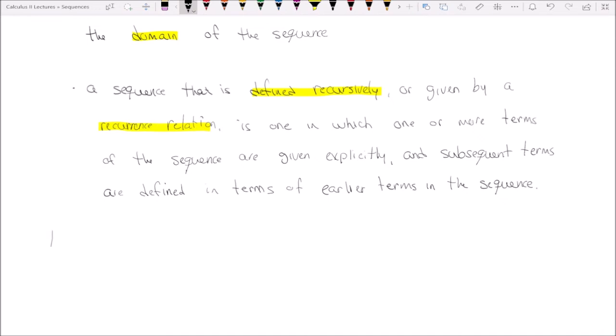Now, it's important to note that the index of a sequence need not start at 1. The start of the sequence can be any integer value.